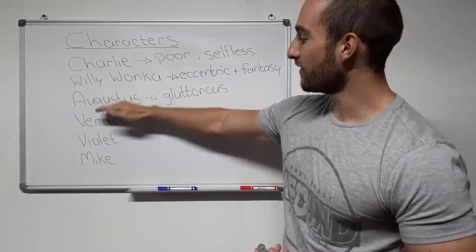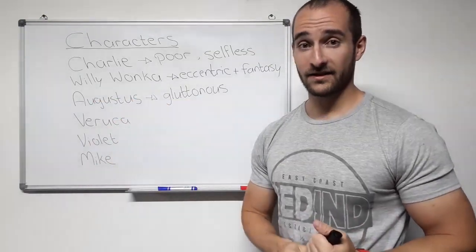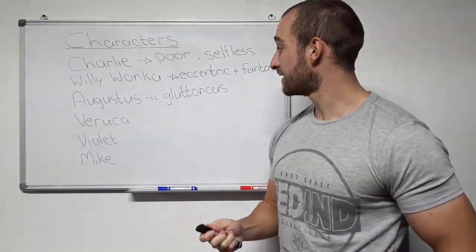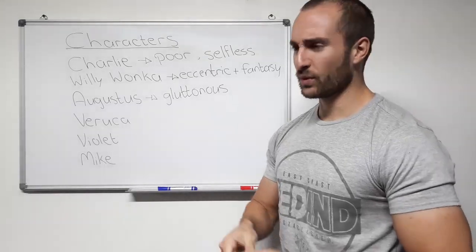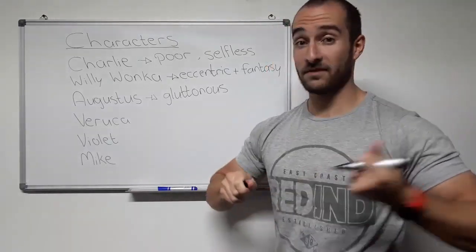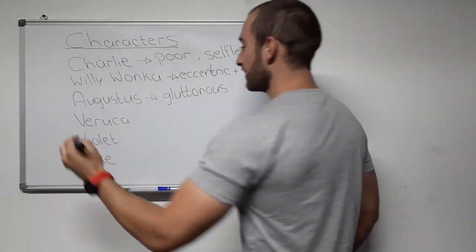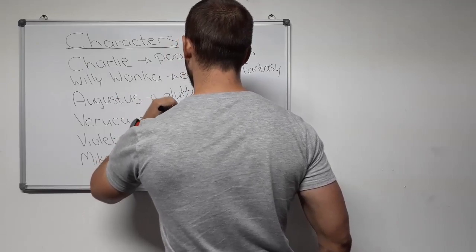But now all of these characters are, in a way, antagonists. They antagonize our character. They are different to him. So this will be a horrible quality, which will later on lead to Augustus's downfall. We'll do that in the next lesson. We get to Veruca Salt, and the word you can write down here is spoiled.